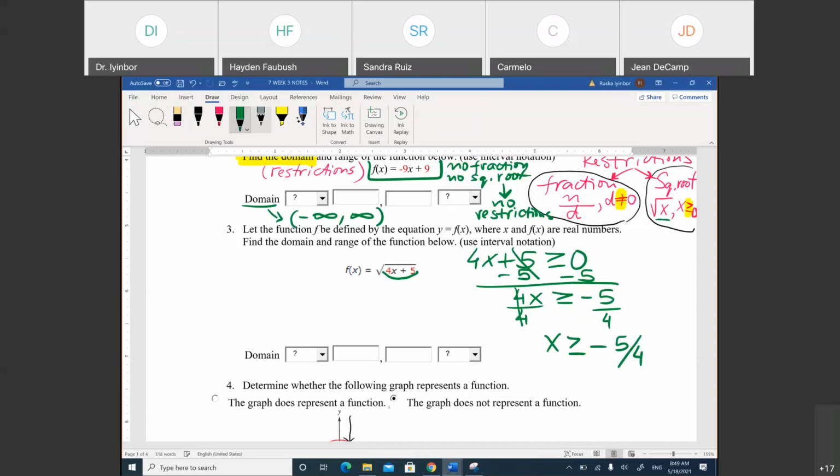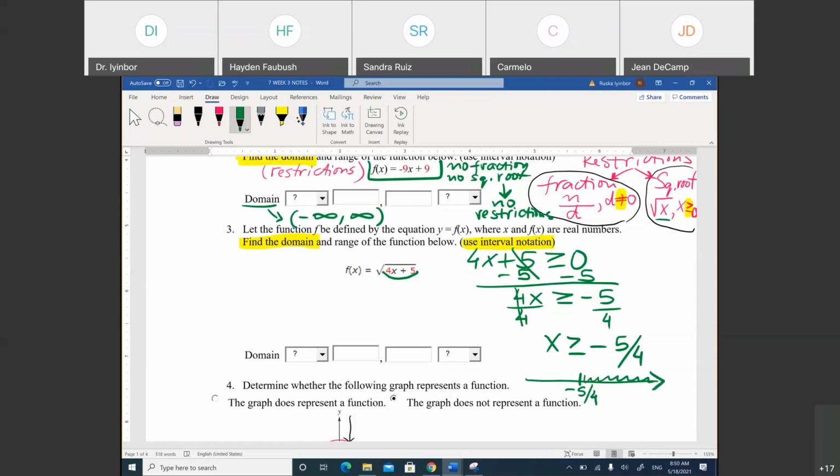And that's the domain. Now, how do you write that in interval notation? That's what it says here. Use interval notation. And it says find the domain. That's the keyword, find the domain. The interval notation is like, if you look at the solution x is greater or equal negative 5 over 4, that means if I have it on the number line, let's say negative 5 over 4 is here, x greater than is to the right side, yes, like that.